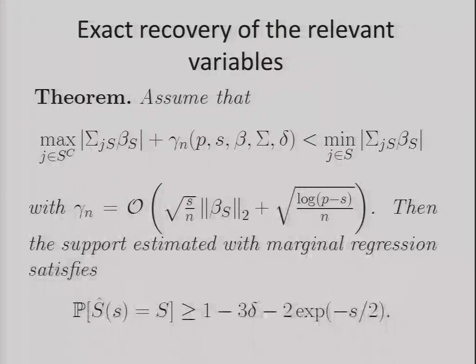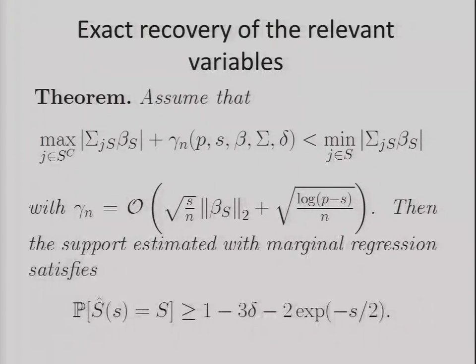Okay? Let us recall the properties of marginal regression. If there is no noise, then this coefficient gamma n would be 0. What we need for successful recovery of the true regression coefficients is that the maximum of the marginal coefficients for the set of irrelevant variables is smaller than the minimal marginal regression coefficient for the set of relevant variables.